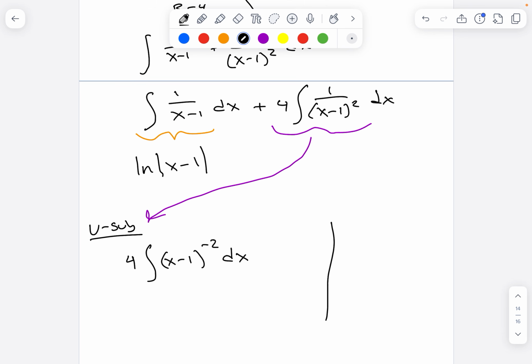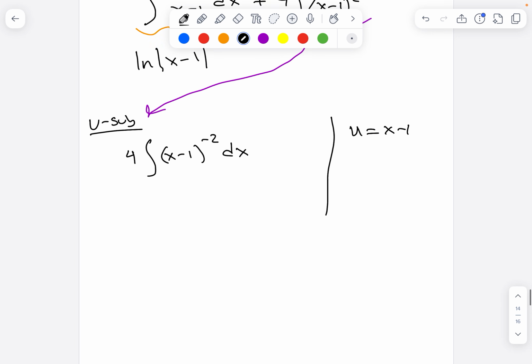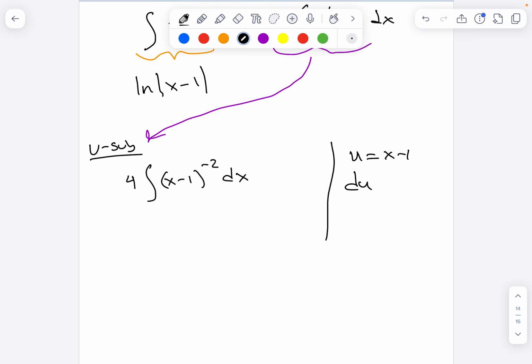Then I'm going to say my u is equal to x minus 1, which means my du is going to be equal to 1 dx, so just dx.